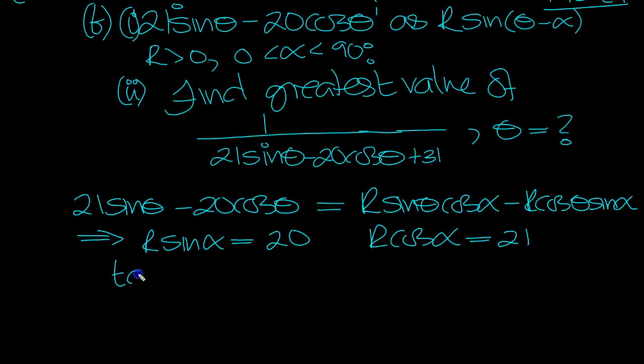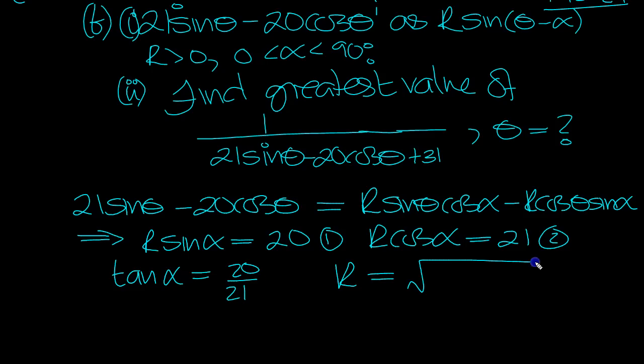So tan alpha then will be that one over that one, 20 over 21. And R will equal the square root of these two things squared, isn't it? 20 squared plus 21 squared.